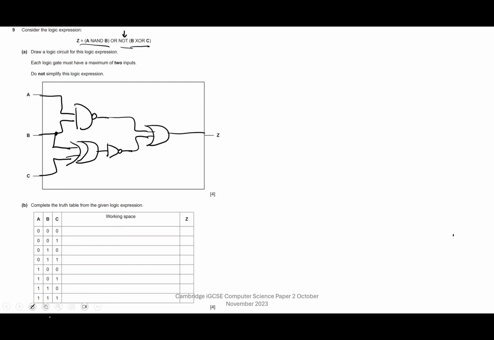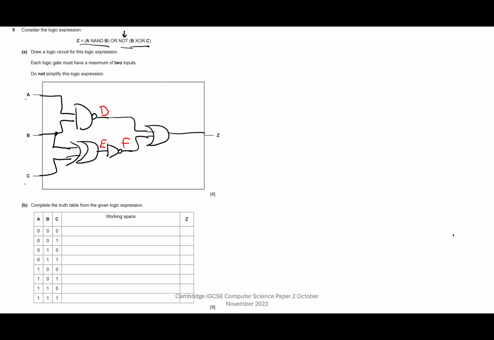And the thing that I suggest doing is labeling the output of each gate. So we've already used A, B and C, so we're going to go ahead and start labeling our gates. So we've got D. I'm working from left to right and make sure each and every single gate has a label. F for the NOT gate.